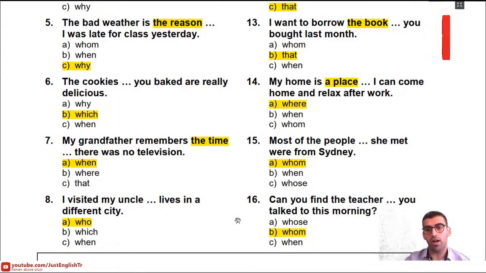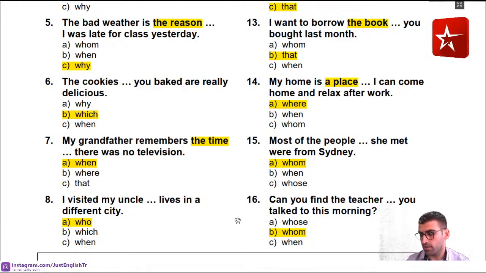Can you let me know how many correct answers did you have for this task? Okay, how many correct? Okay, let me check your comments. Okay, Tuko says 14 out of 16, so it's good.